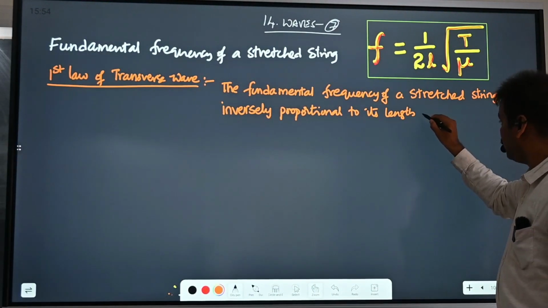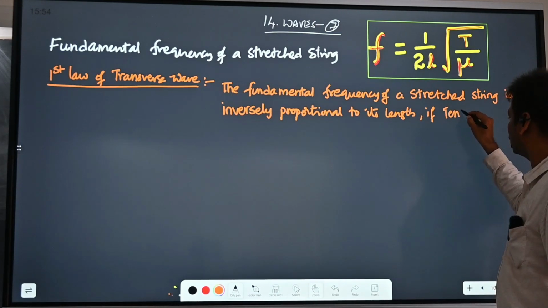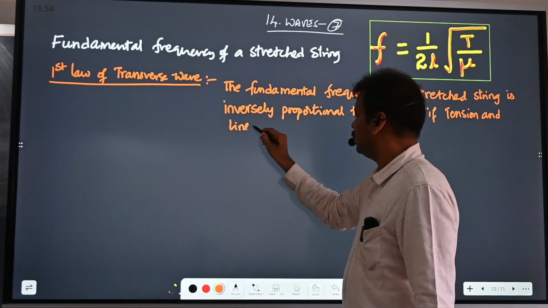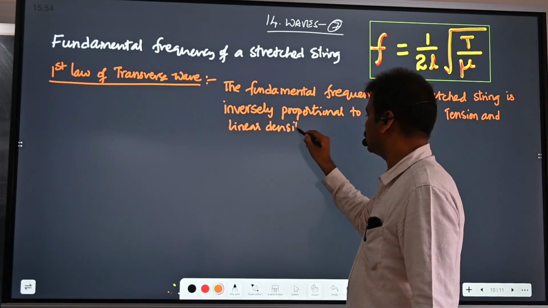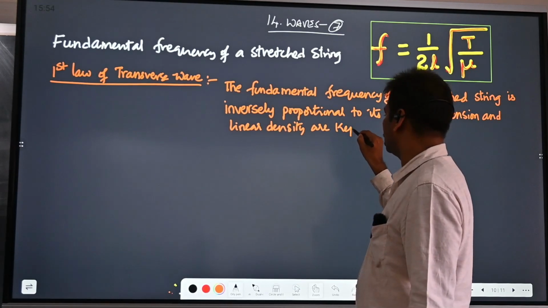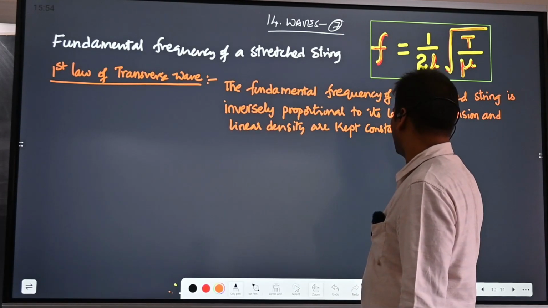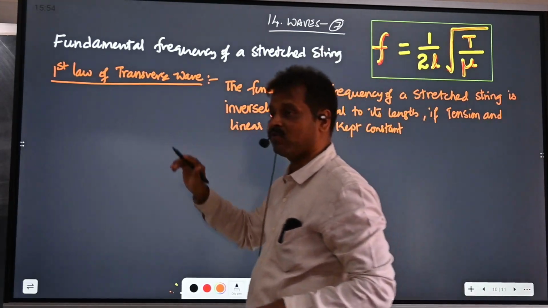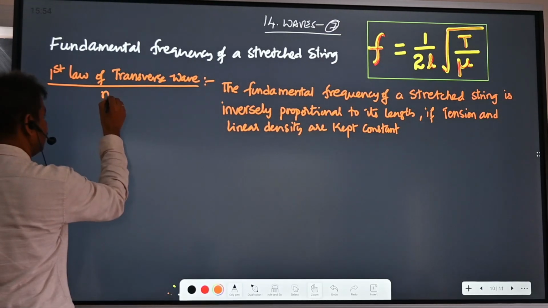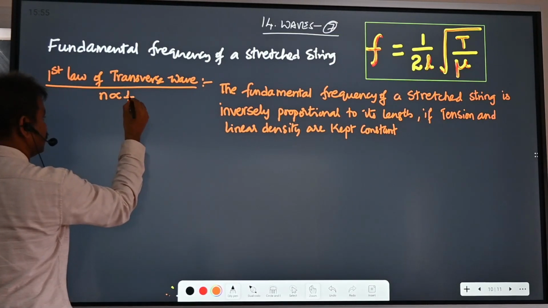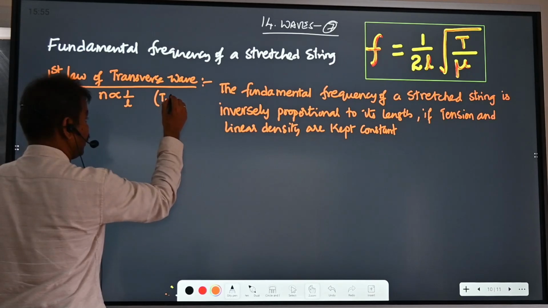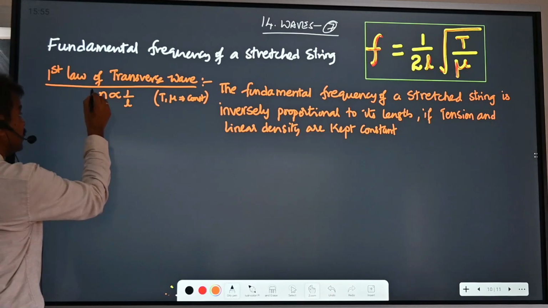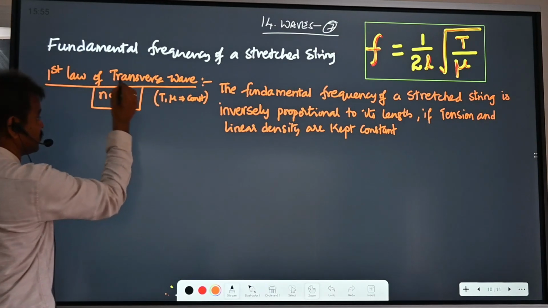When tension and linear density are kept constant. This is the statement. I will write this statement in the form of an equation. So what you can write? N inversely proportional to L if T and mu are constant. This is the first equation for first law.